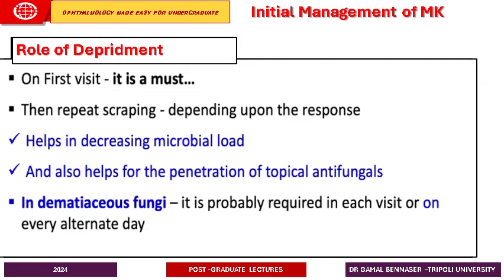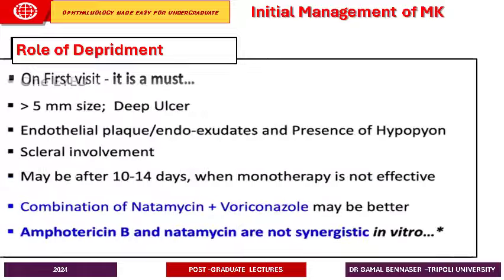So the removal of the epithelium is very important at this stage to secure good concentration of the antifungal drugs within the stroma, especially if it is due to dematiaceous fungi. The debulking should be done daily at each visit to decrease the load of the fungus from the cornea.